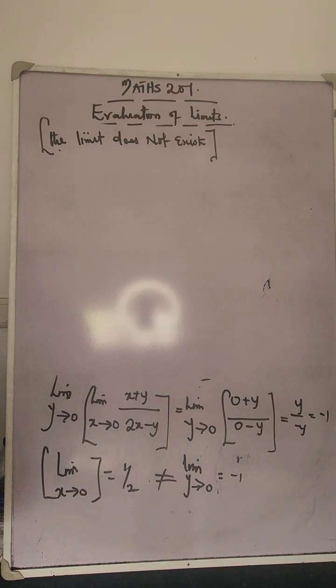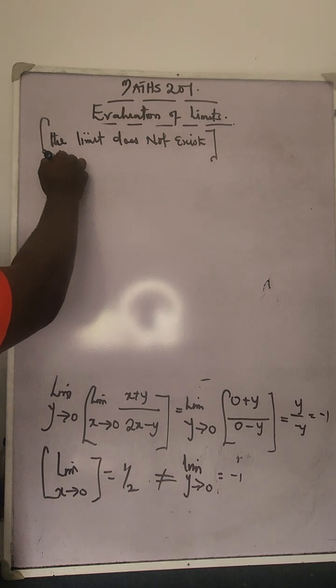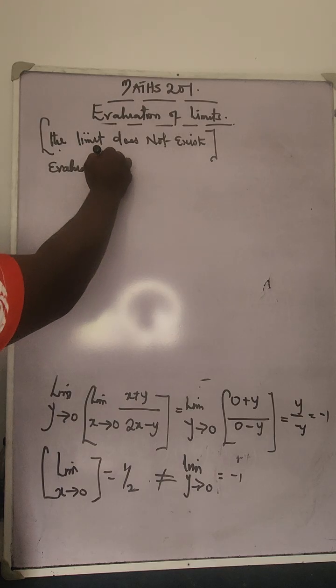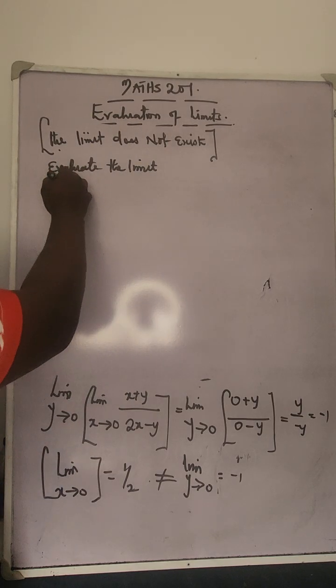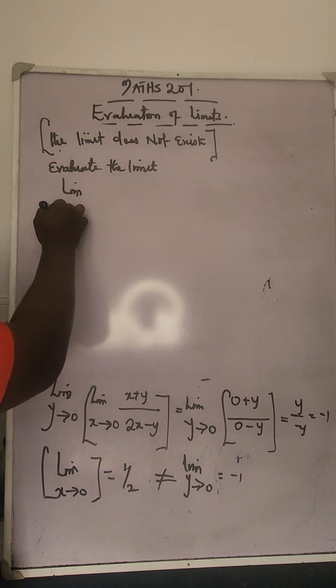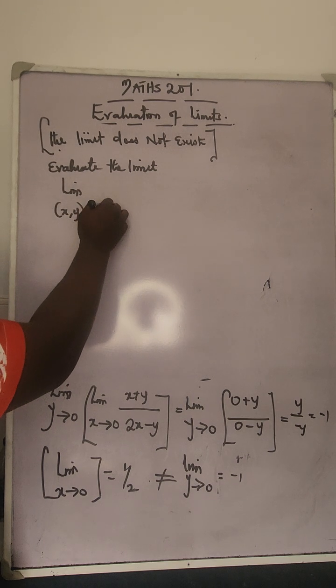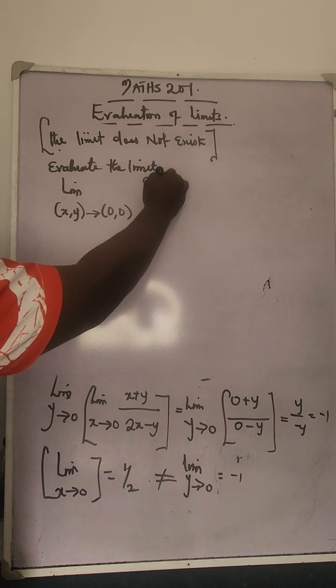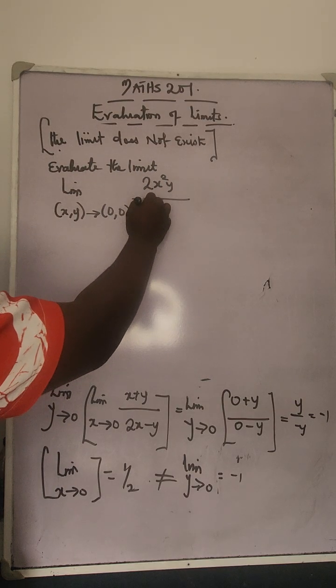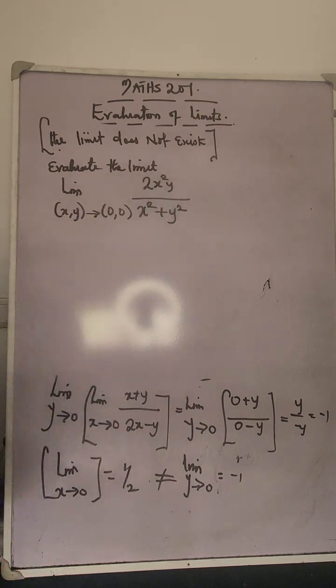All right. Okay, we want to evaluate the limit as x, y approaches 0, 0 of 2x squared y over x squared plus y squared.